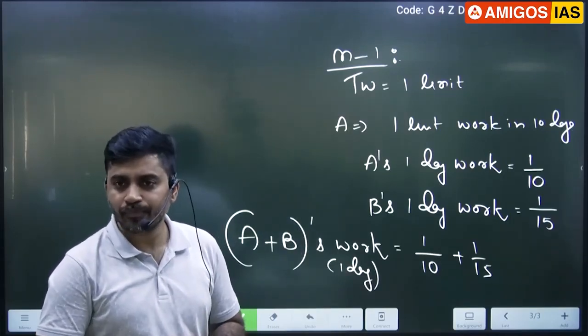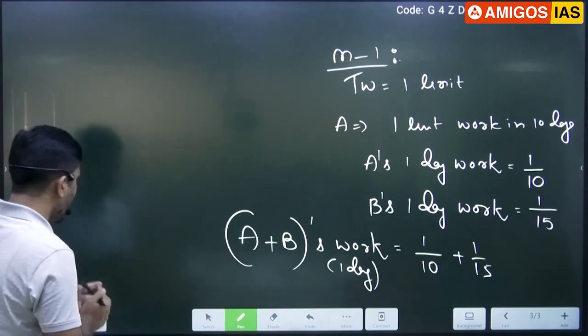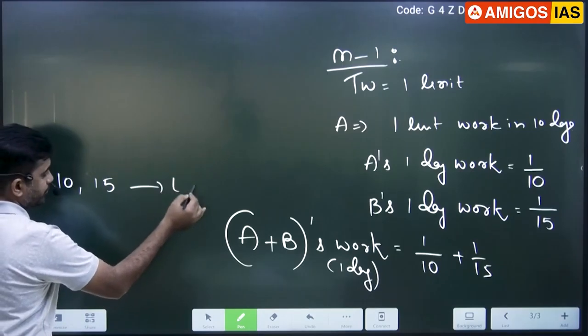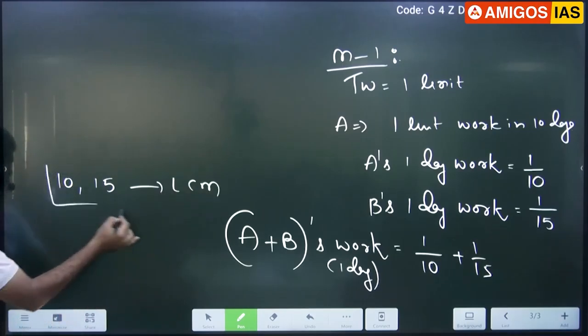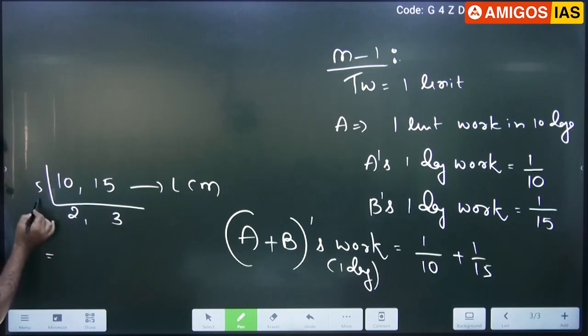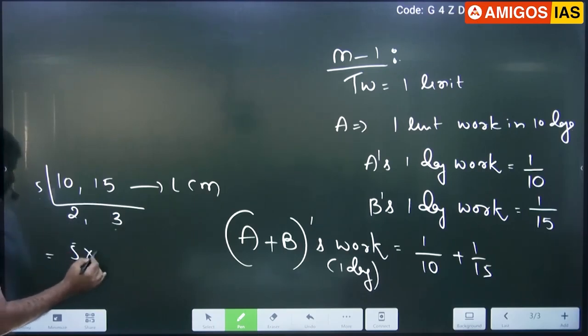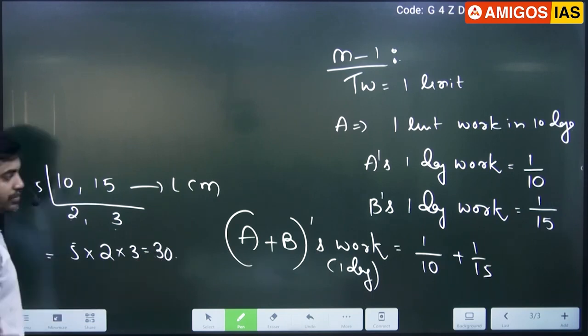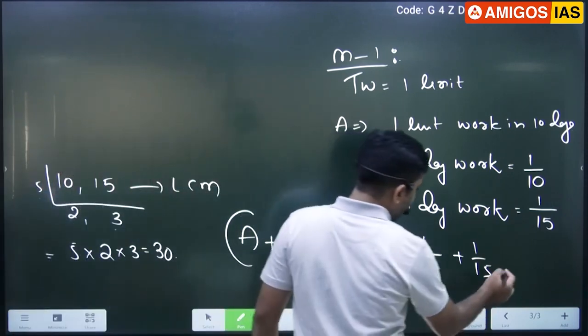LCM, right? What is the LCM of 10 and 15? 5 into 2 into 3, what is the LCM? 30. So we'll take 30 here.